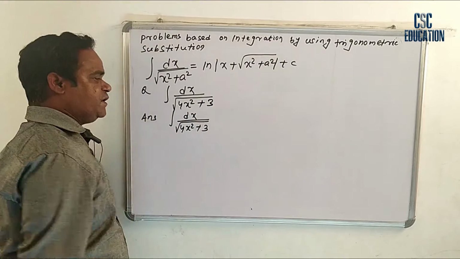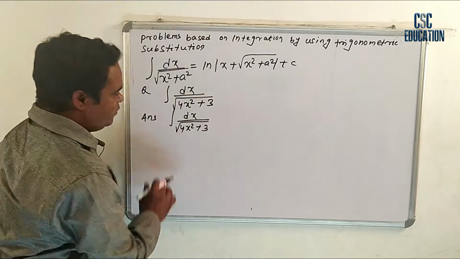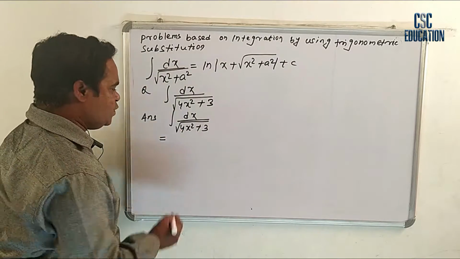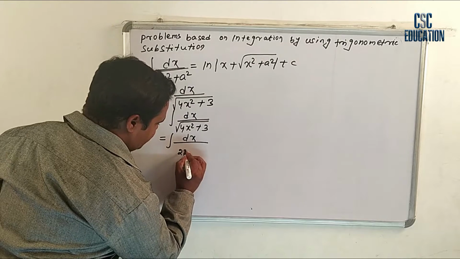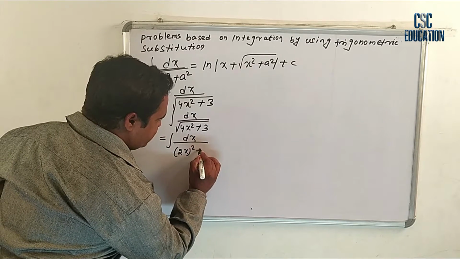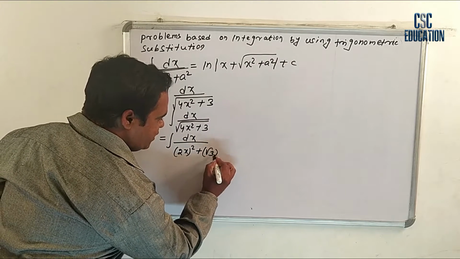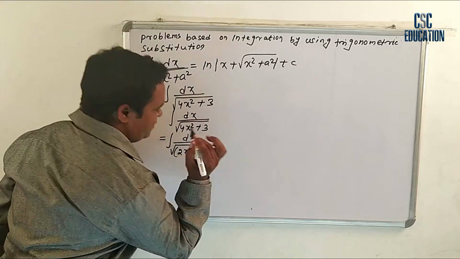First of all, it is converted to dx divided by the square root of (2x) whole square plus (root 3) whole square.